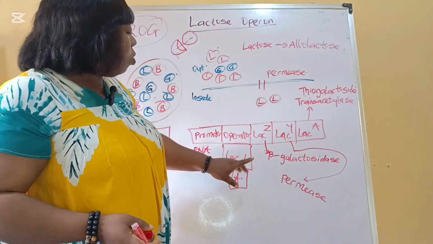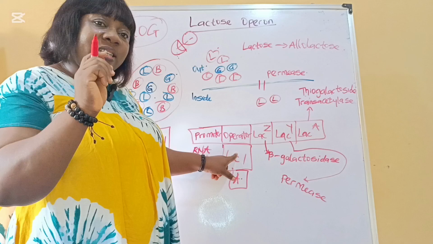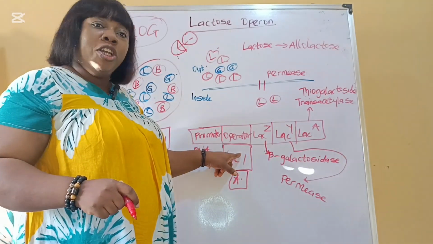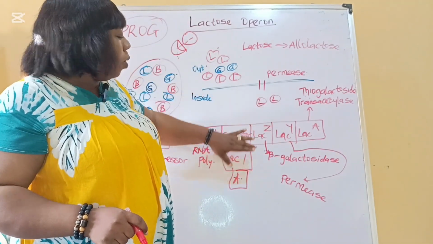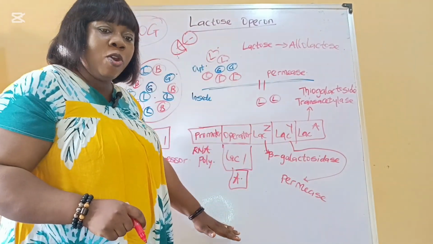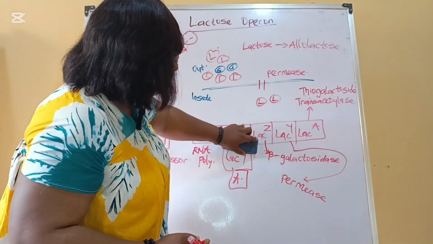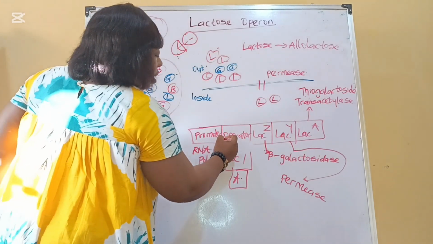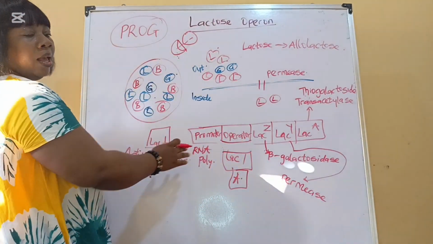Now, as long as the conformation is changed, it will not be able to bind this operator again, so it will be removed from the operator. We can say it's now being dragged down, unable to bind to this operator again.